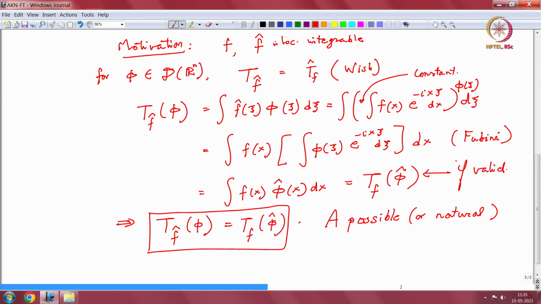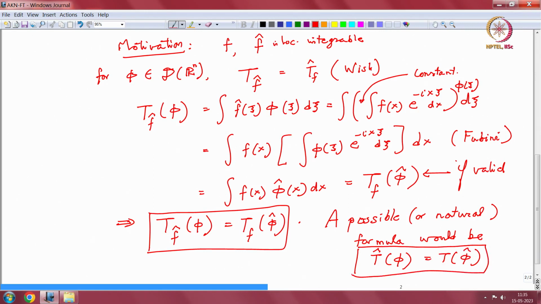I will soon come to validity. The natural formula would be: T hat at φ should be T acting at φ hat. So, that is a natural formula. Now, what is the problem here? Is this meaningful, valid? That is the thing.